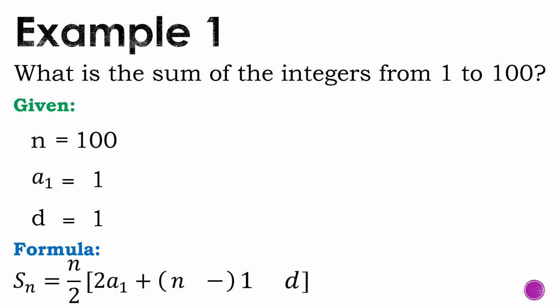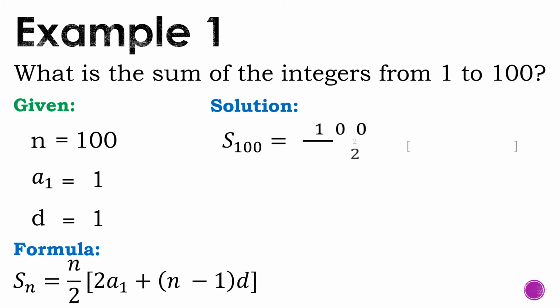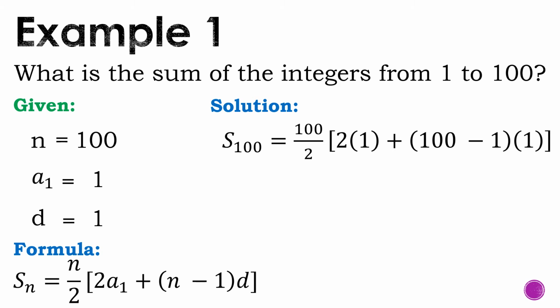Okay, now, using the formula of arithmetic sum, let us solve. So first, you are going to substitute all the values in the formula. So here, as you can see, we used S sub 100 because we are tasked to get the sum of the integers from 1 to 100.